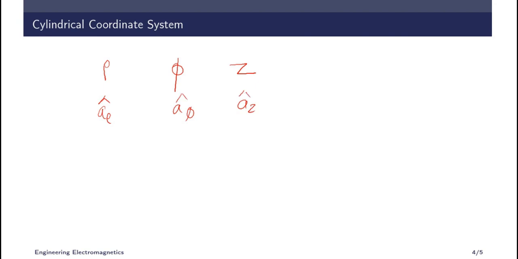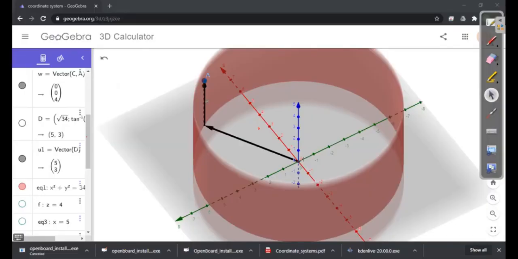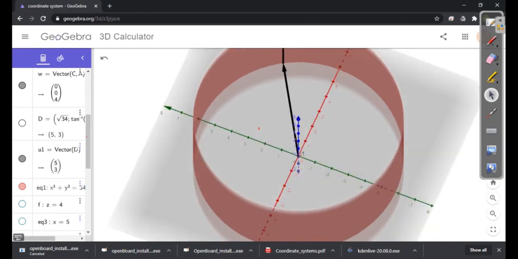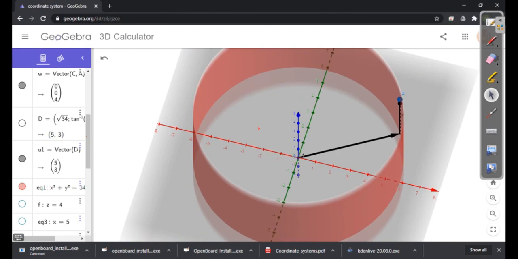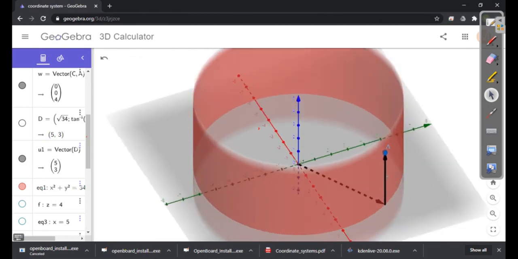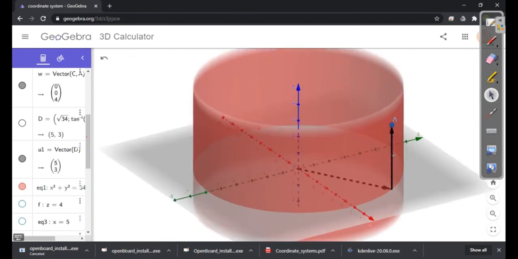Now we have to derive a relationship between rho, phi and z with respect to x, y, z, which is the Cartesian coordinate system. So I am going back to the same here. Now in this one I am just disabling the z part, because the z part is the same in the previous one and in this case also.